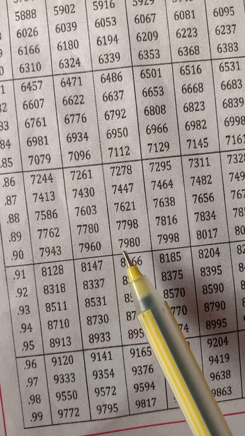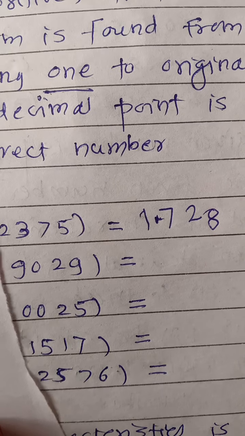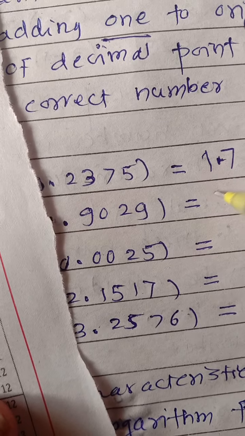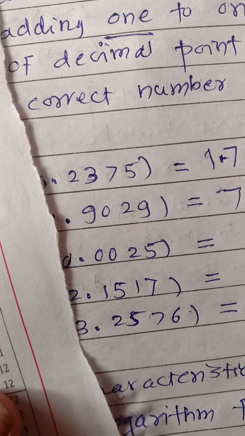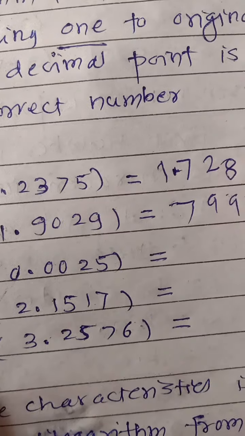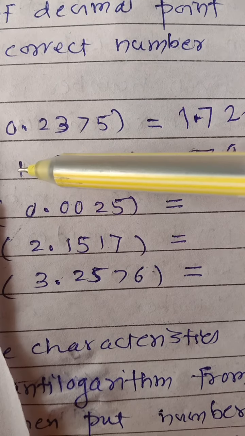We will get 7997. And then in this case we will have to put the decimal point, as the characteristic here is 1.